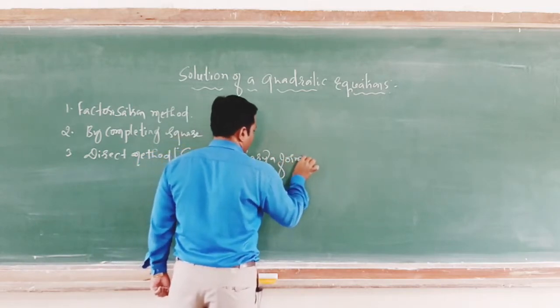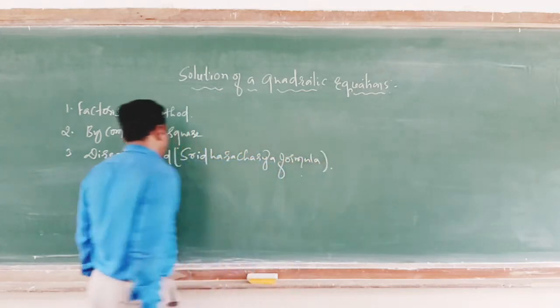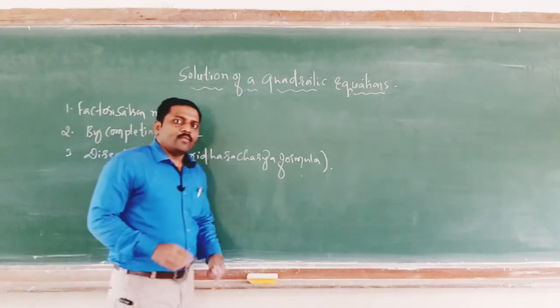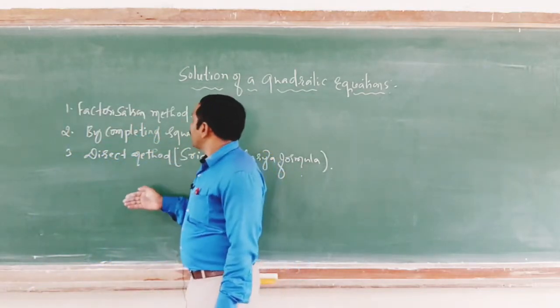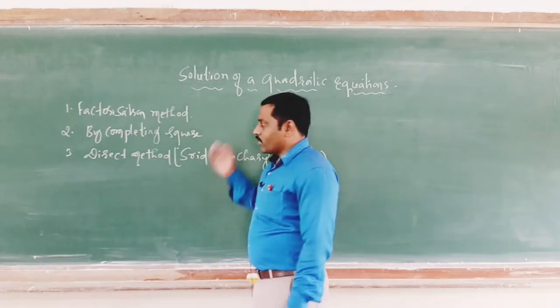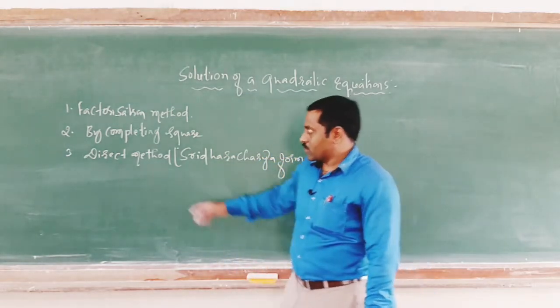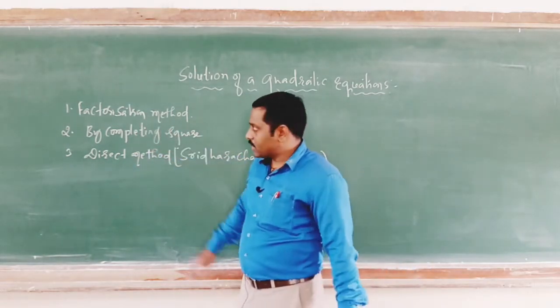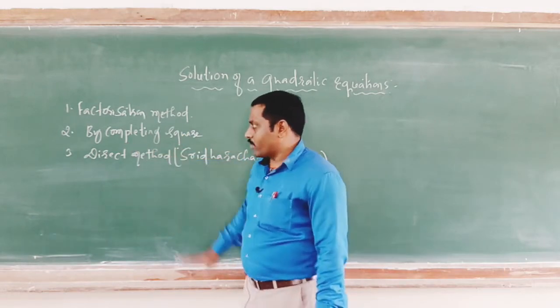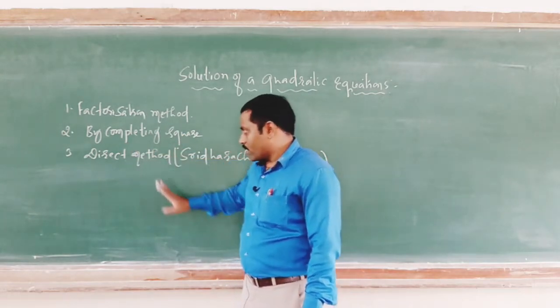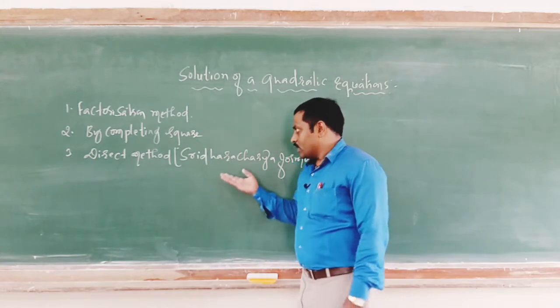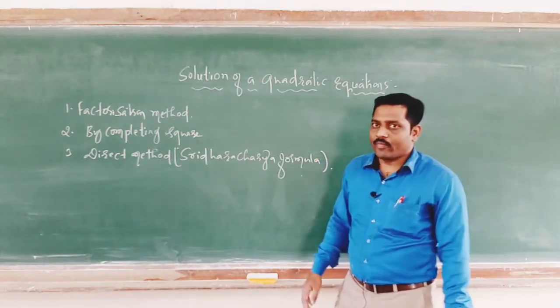These are the three methods for finding the solution of a quadratic equation. The first one, factorization method. Second one, completing the square method. Third one, direct method, also called Sridharacharya formula.